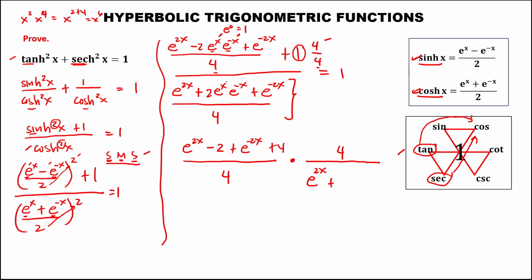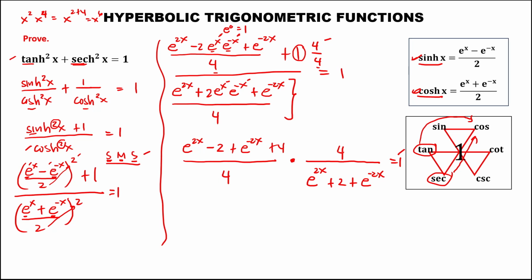Again, this x minus x is 0, and e to the power 0 is 1, and 1 times 2, so this is 2. Then plus e to the power negative 2x, and this is equal to 1.